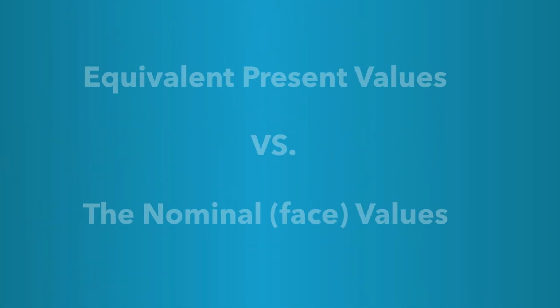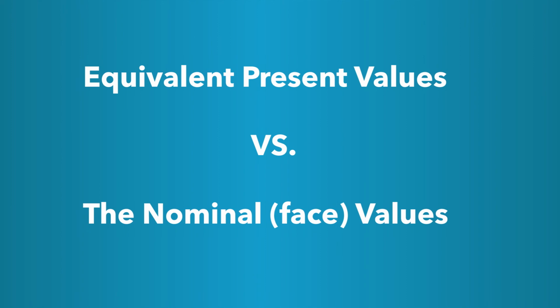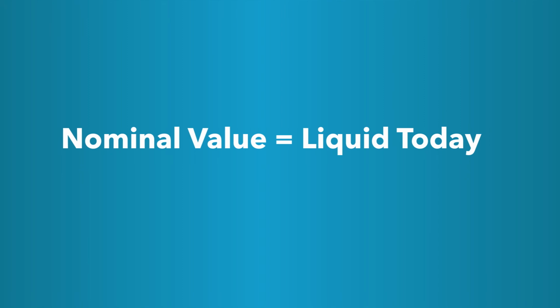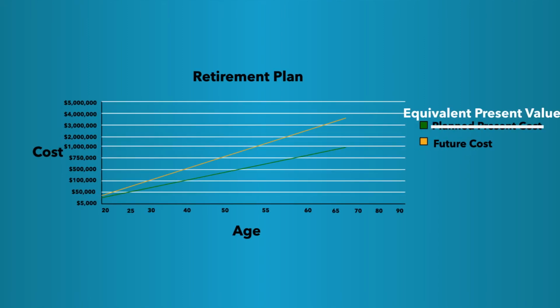To really understand the time value of those cash flows, or to compare them in any reasonable way, you have to understand the relationships between their equivalent present values and the nominal or face values in the future, which would be their value if they were liquid today. The equivalent present values today will be less than the nominal or face values in the future because of that distance over time and the separation from liquidity, which costs us by discounting those values.